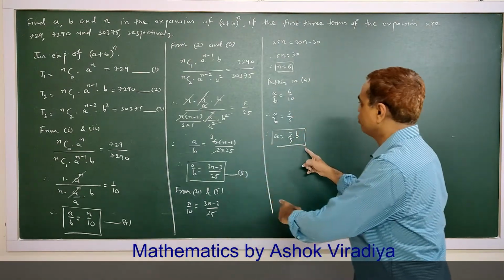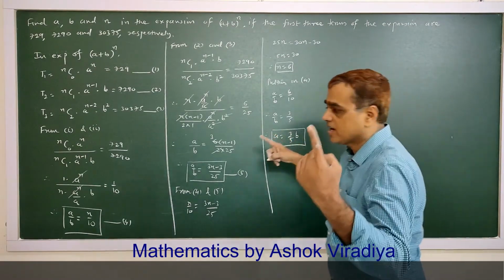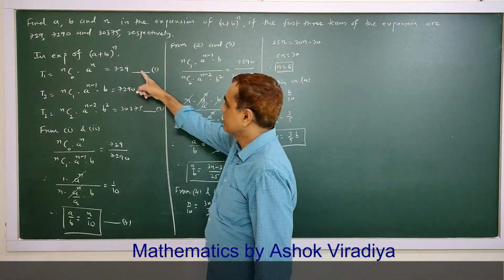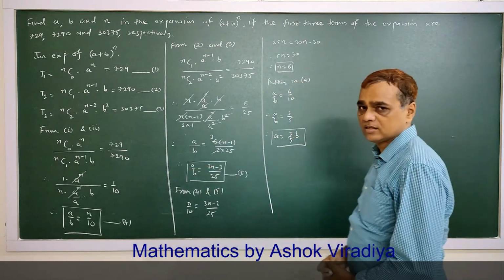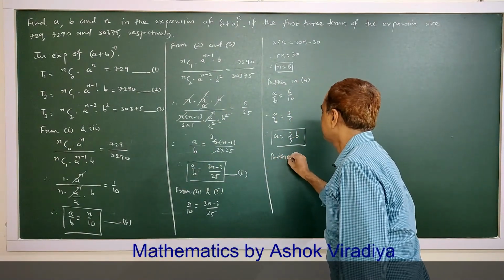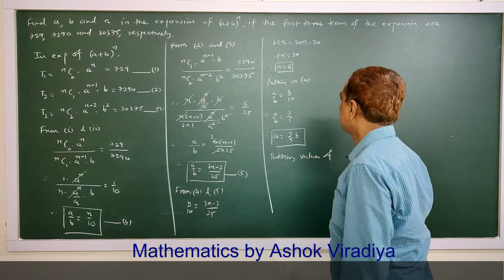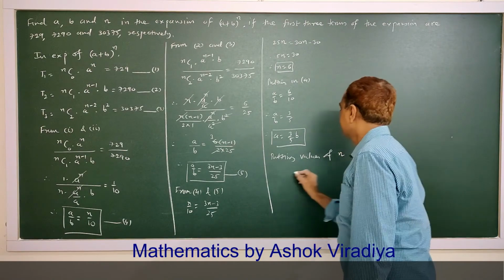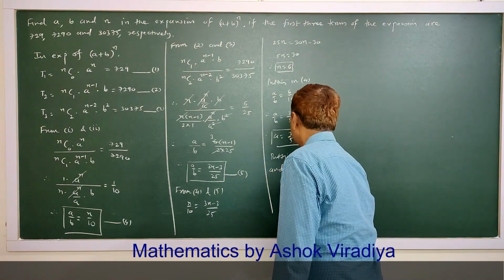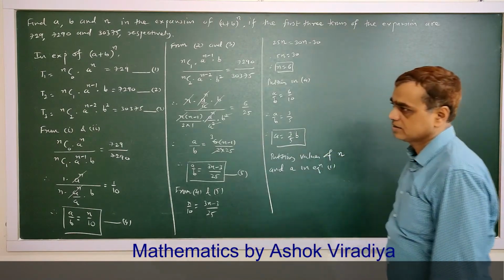Now this value and the value of n, both these values we are putting in equation number 1. So putting the value of n and a in equation number 1.